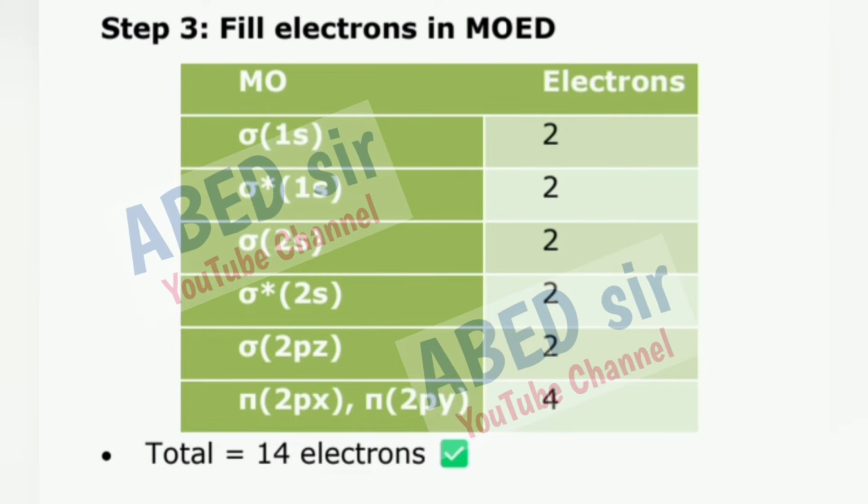Step 3: fill electrons in MOs. Sigma 1s 2, sigma asterisk 1s 2, sigma 2s 2, sigma asterisk 2s 2, sigma 2pz 2, pi 2px and pi 2py 4. Total is 14 electrons.